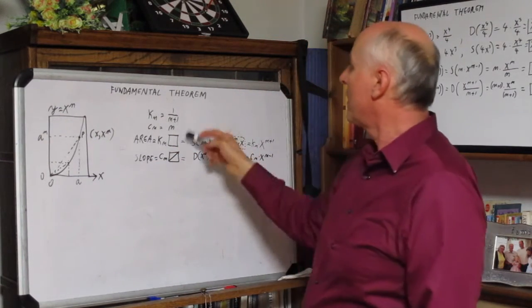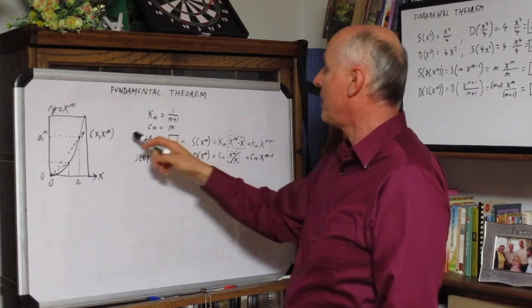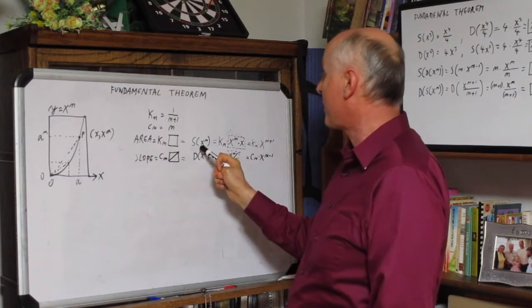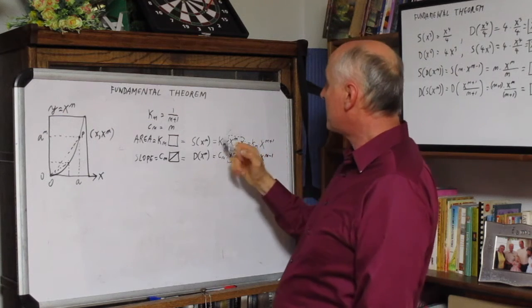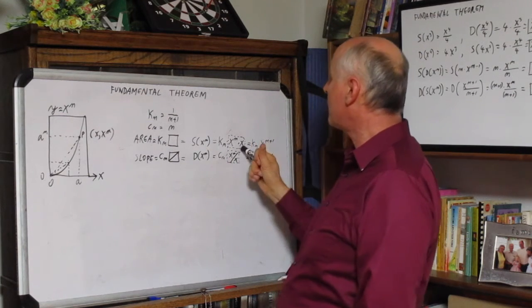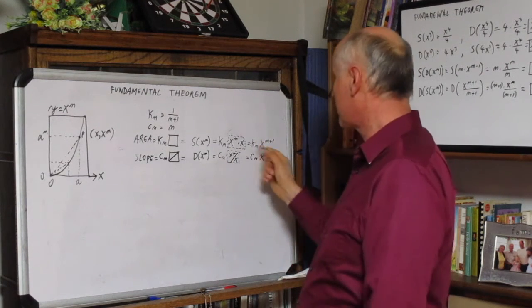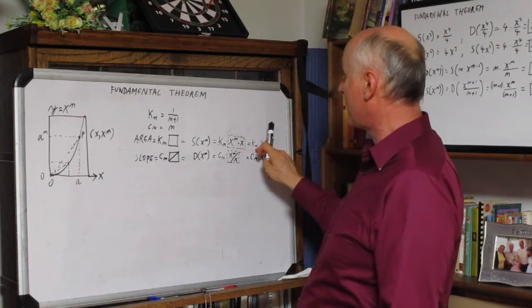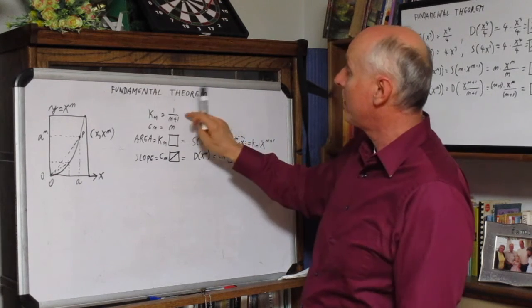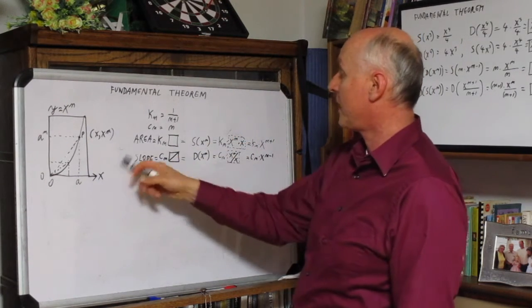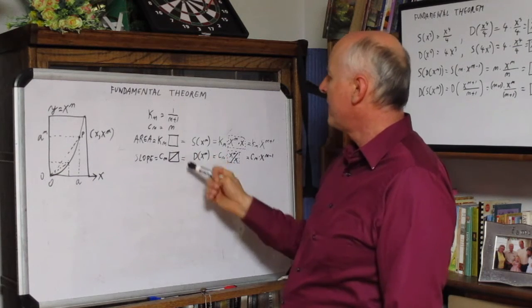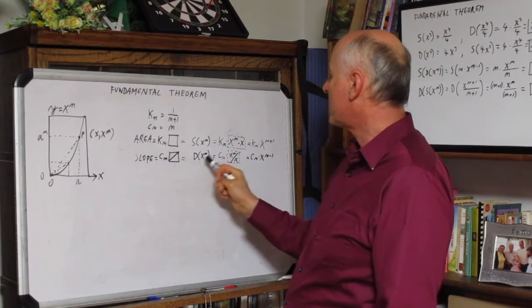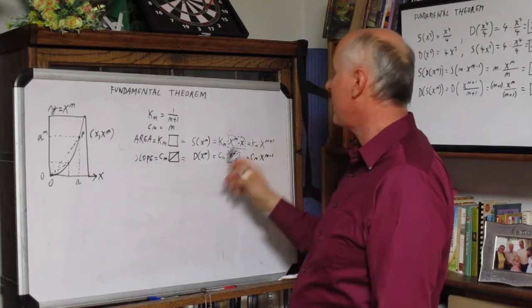You know how that works. S is our signed area box operator, and it operates on x to the n, which means you take x to the n, multiply by x so it raises the power, and multiply by K sub n, 1 over n plus 1. The tangent slope is another box operator, d of x to the n.